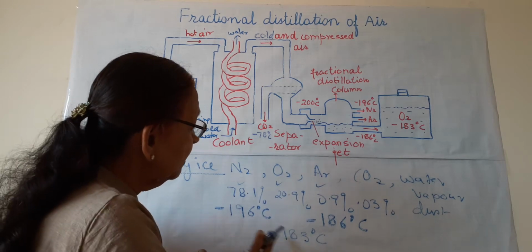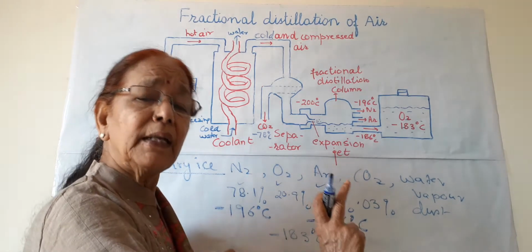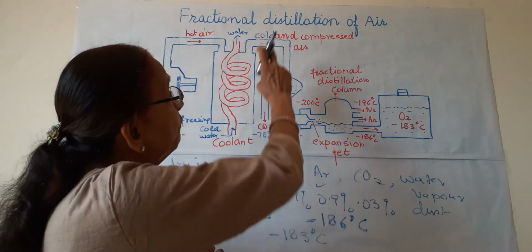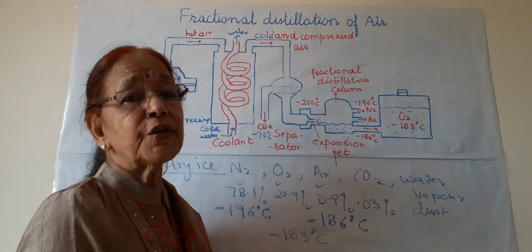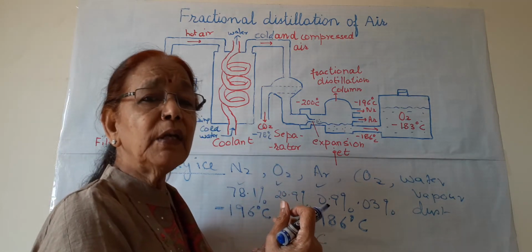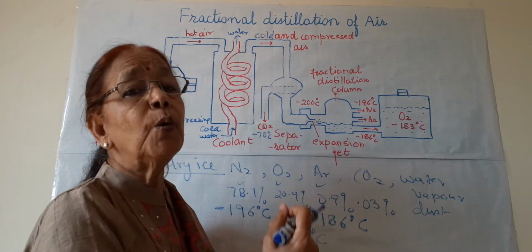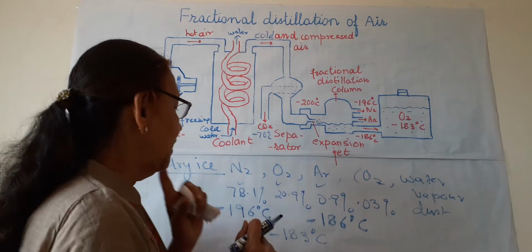We can see here that the temperature difference between them is less than 25 degrees C or K. So we have to use fractional distillation and we cannot use simple distillation, as the boiling point difference should be more than 25 K.